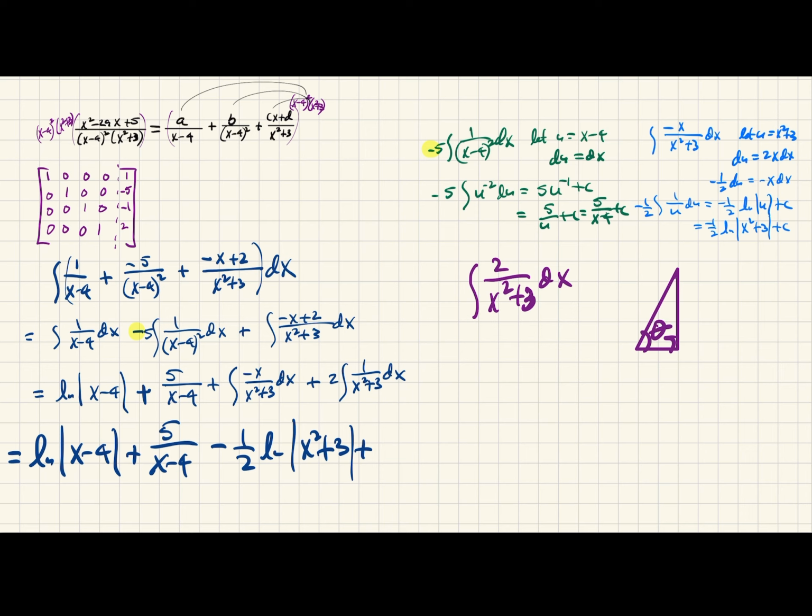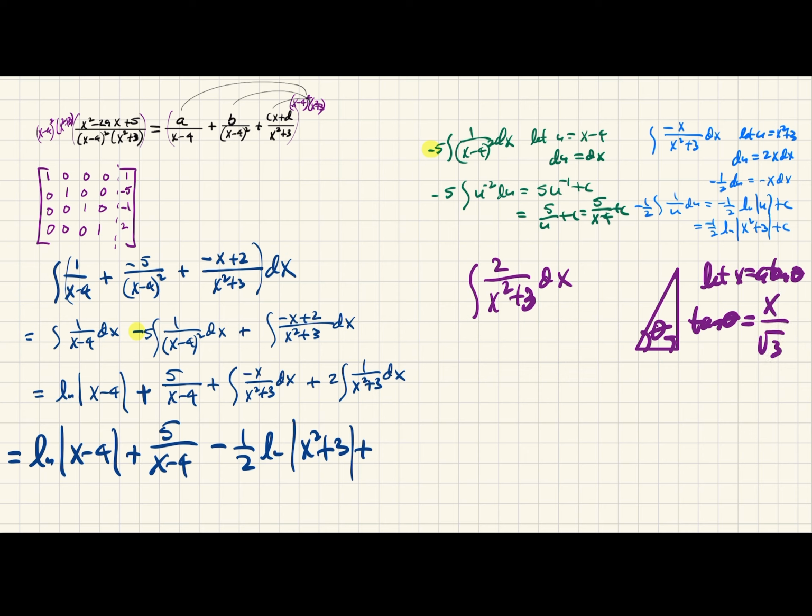If we let x equal a tangent theta, and it looks to me like a would be the square root of 3, then that means that tangent theta would be x over the square root of 3.